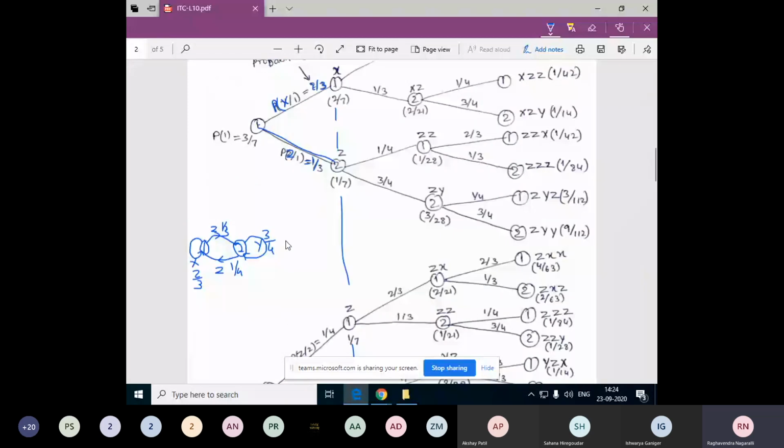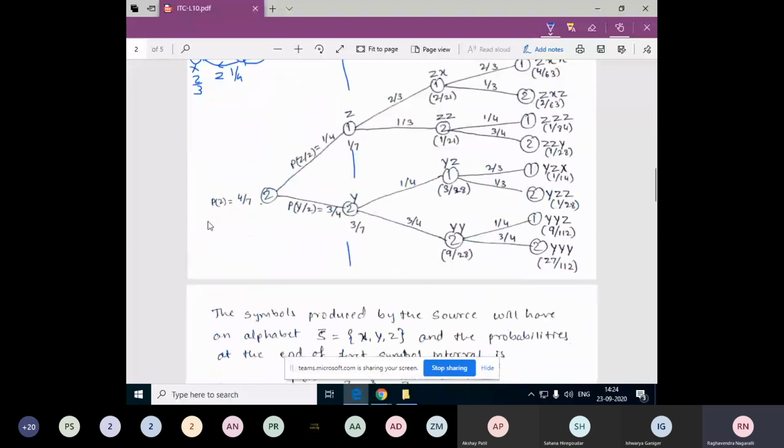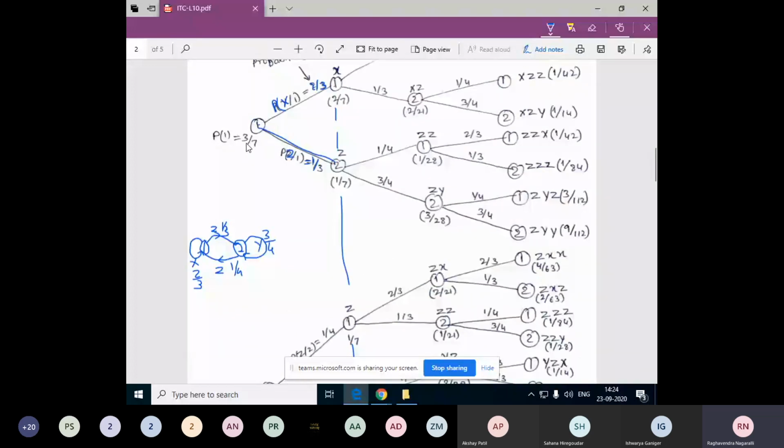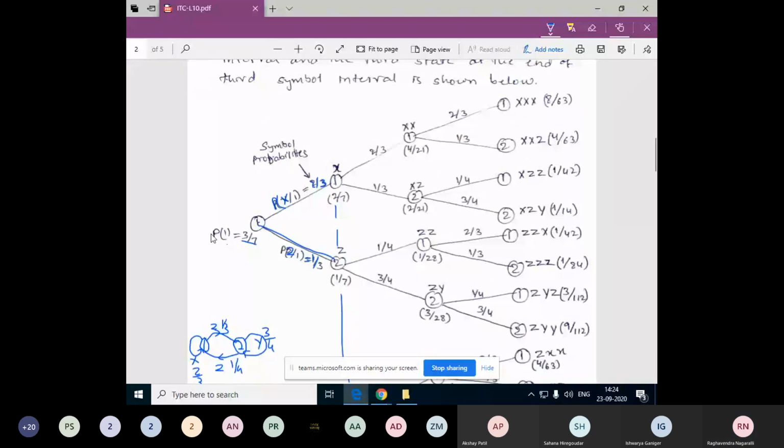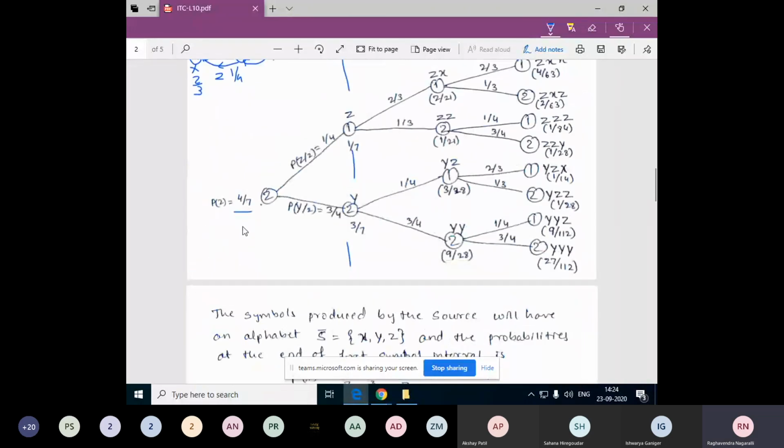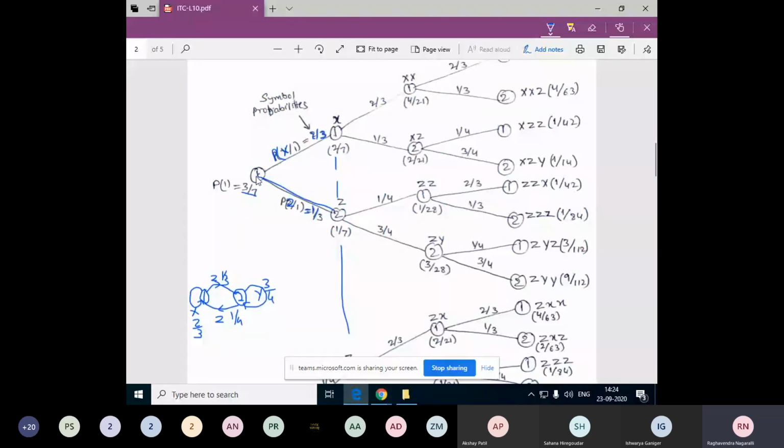For the given state diagram, we are drawing the tree diagram here. These are the initial states, P1 and P2. These two initial states occur with probability 3 by 7 and 4 by 7. P1 is 3 by 7 and P2 is 4 by 7. Now, from the initial state we go to the next state.